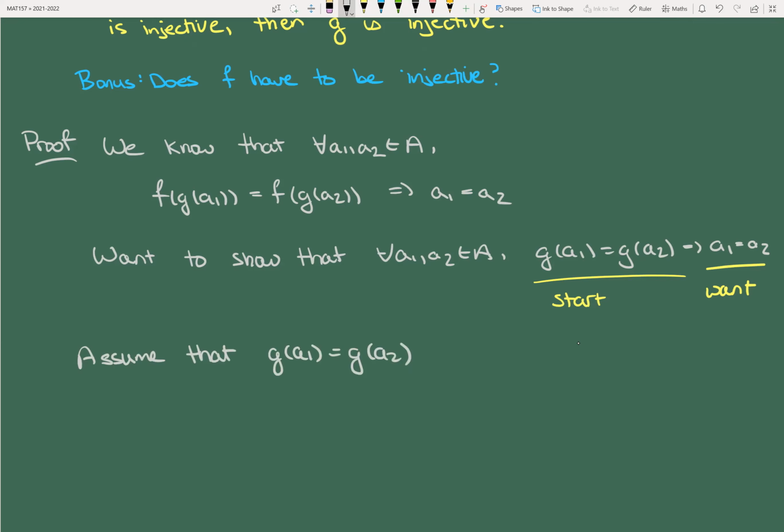Now I've hit a roadblock. I don't know what else to do next. Once I hit a roadblock, I'm going to dip into my tool bag and ask what from my tool bag do I know? Well, I know that if f of g of A1 is equal to f of g of A2, then A1 is equal to A2, but I don't have any f's here. So I'm just going to introduce the f's. Let's compose with f on both sides.